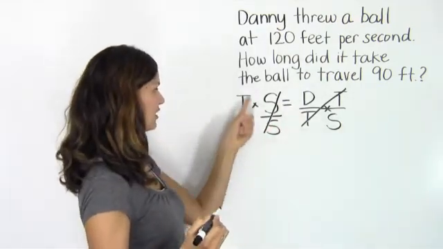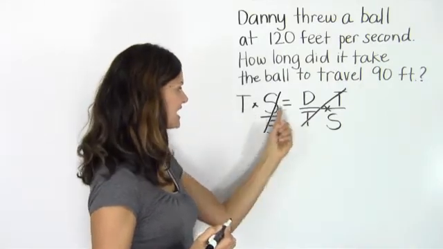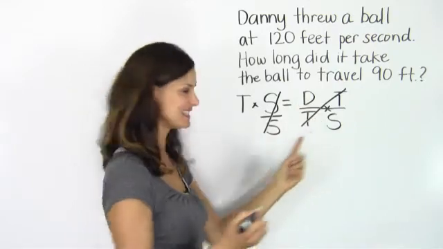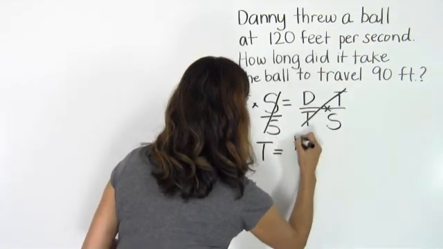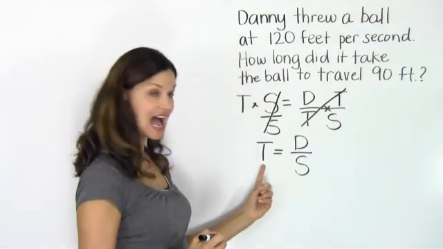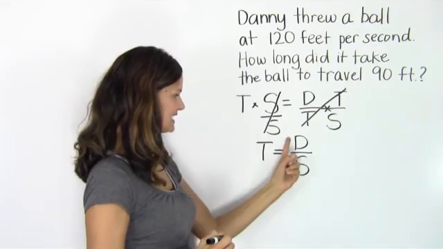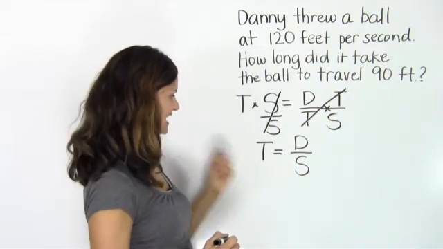T is all alone by itself on this side of the equal sign, and I've got T equals D over S. So let me rewrite that as T equals D over S. So anytime I'm looking for time, I can take distance divided by speed and find the time.